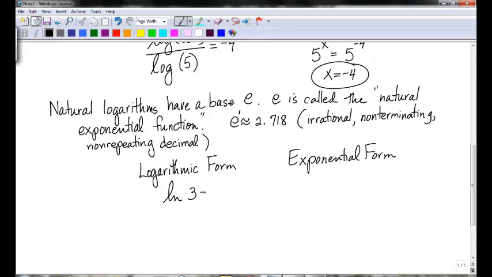Most of these are going to be rounded to 4 decimal places, 1.0986. What that really means is it's understood that there is a base e. Anytime they use ln, it's understood to be base e. So really it's e to the 1.0986, rounded for the paper, and that should equal 3.